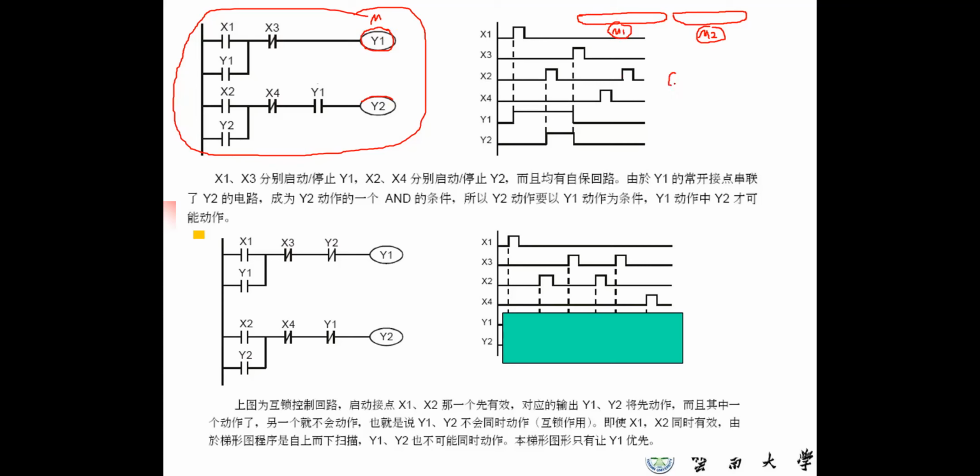Conveyor belt. Do you know? Conveyor belt is used in some factory.